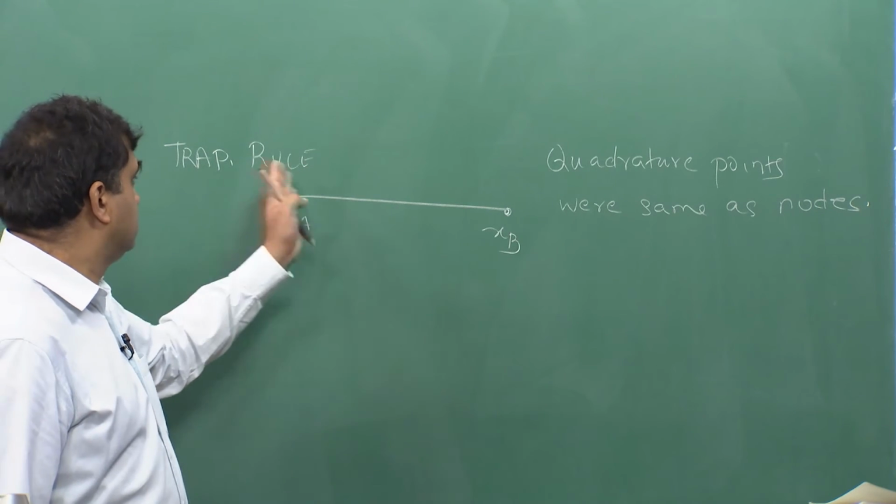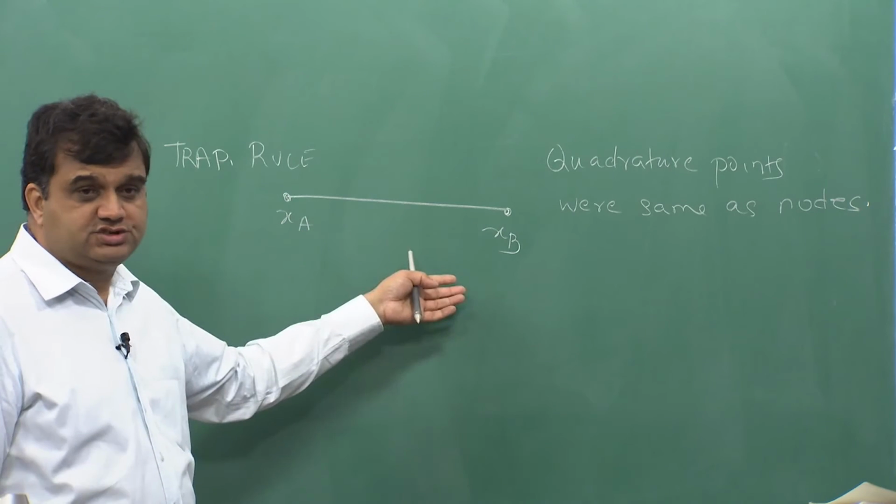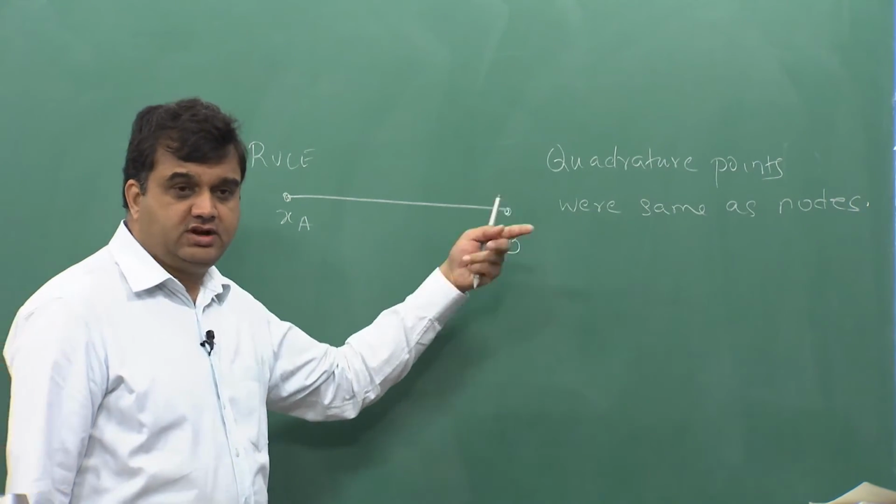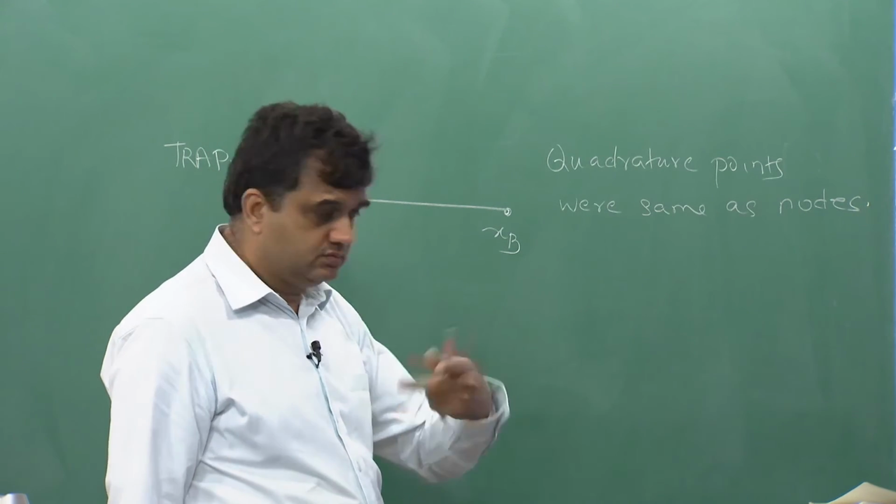For a linear element, the trapezoidal rule is where we have two nodes. So nodes were xa and xb, and that is where we calculated f1 and f2.